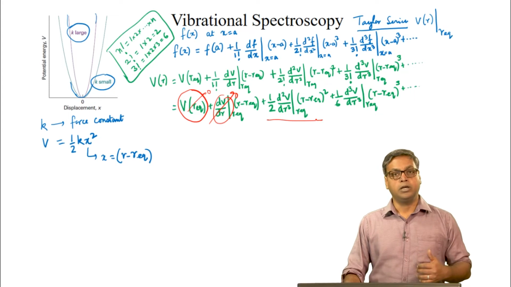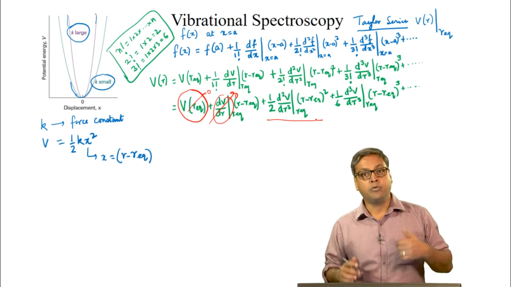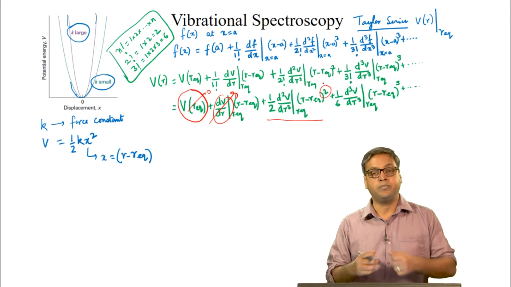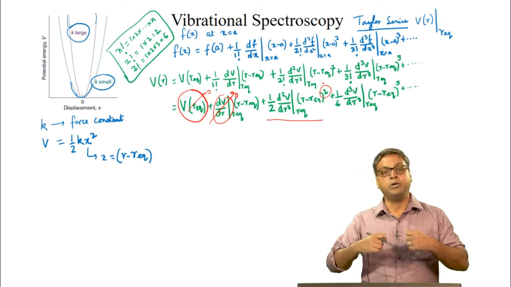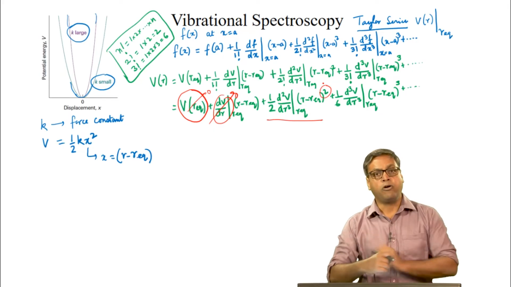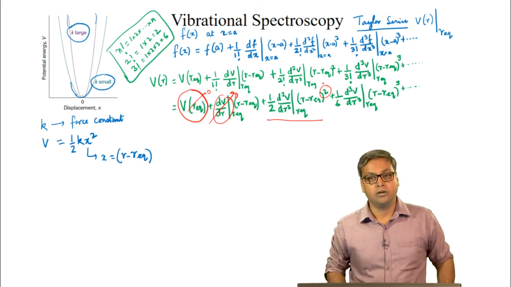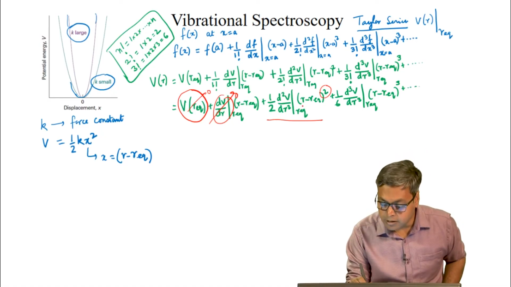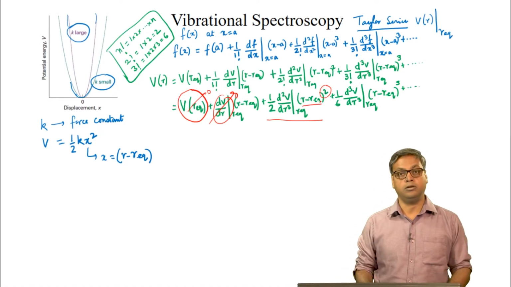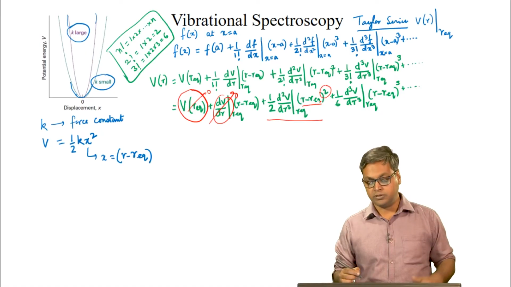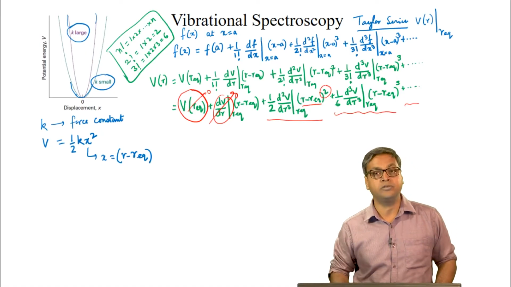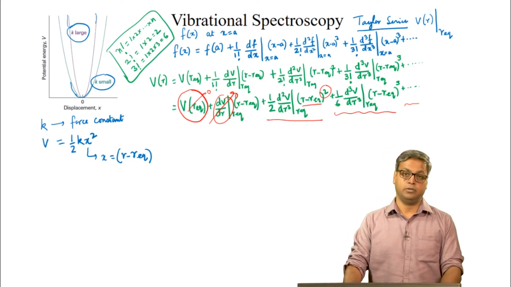This term, as we can see, is proportional to the square of the displacement from the equilibrium position. For small displacements from the equilibrium bond length, r minus r equilibrium is small, and the higher terms and all the other higher terms can be ignored.